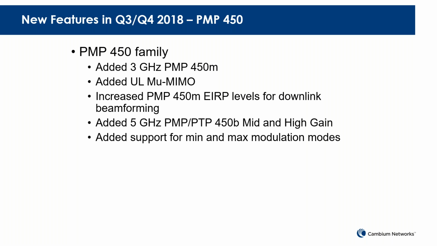That should improve performance slightly. And then we've also added both point-to-multipoint and point-to-point capabilities for you to plan with the mid and high gain 450B products. And then we've also added support for minimum and maximum modulation modes.